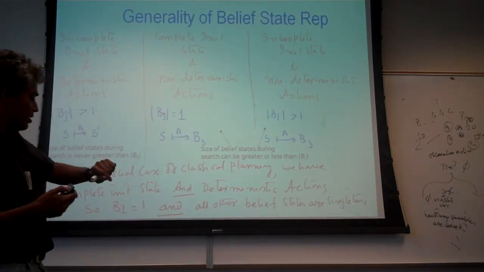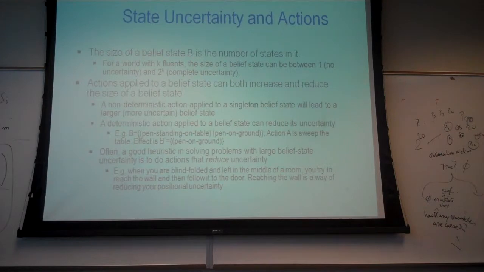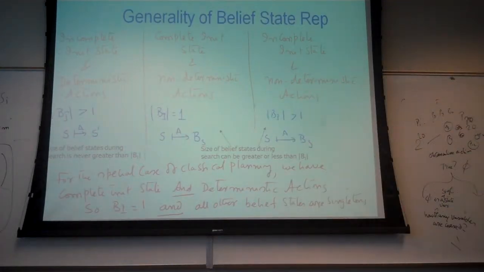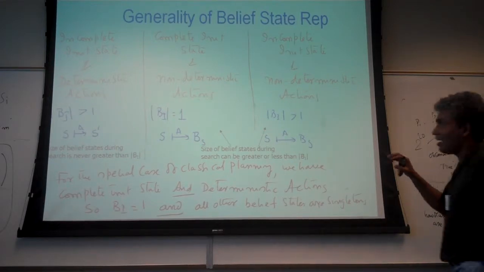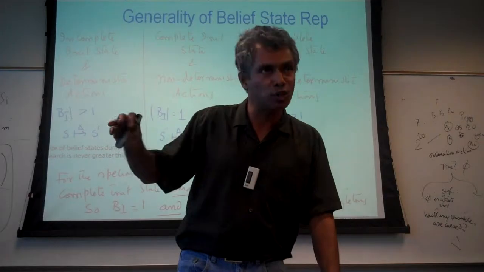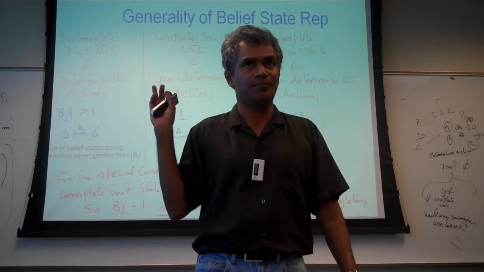And then let me just mention this also, which is repeated from before, which is that the issue of whether you have actions which are deterministic or non-deterministic is orthogonal to whether you have partial observability.